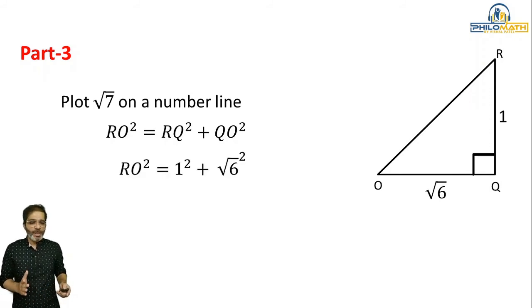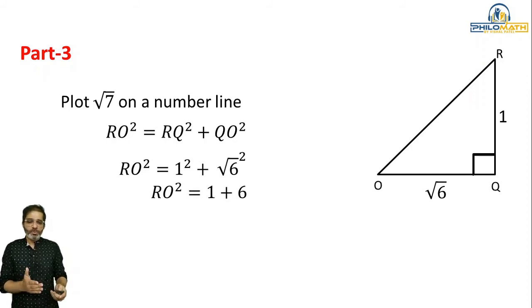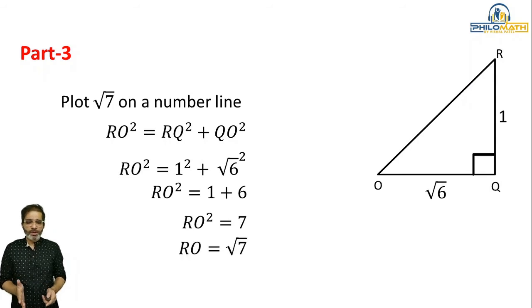Let us substitute the values, that is 1 square plus root 6 square. 1 plus 6, the square of root 6 is 6, so I get RO square equals 7. So RO is going to be root 7. RO equals root 7.